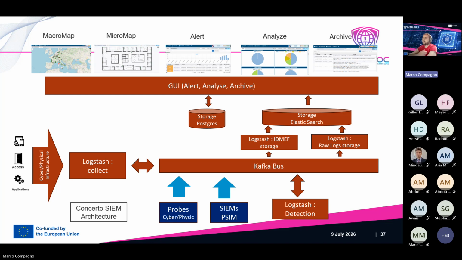So, on the bottom of this image, you can see all the different ways that Concerto can receive alerts. As you can see, it's not all from one source. It can be cyber physical infrastructure or probes or even just Logstash. All of this data travels through the Kafka bus and is read by Logstash and stored inside Elasticsearch.